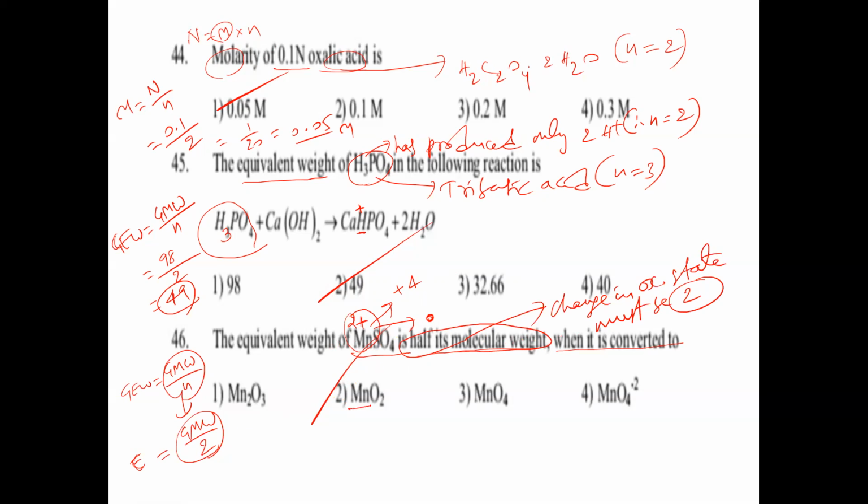Therefore, in this case, manganese has +4 here. In other compounds manganese has different oxidation states, +8 or +6. So only in MnO2, manganese dioxide, manganese has the +4 oxidation state. From +2 to +4, the change in oxidation state is 2. Therefore, equivalent weight is equal to gram molecular weight by 2.